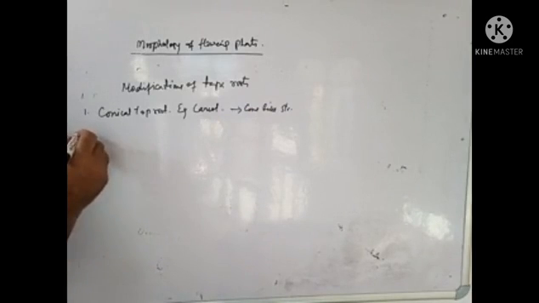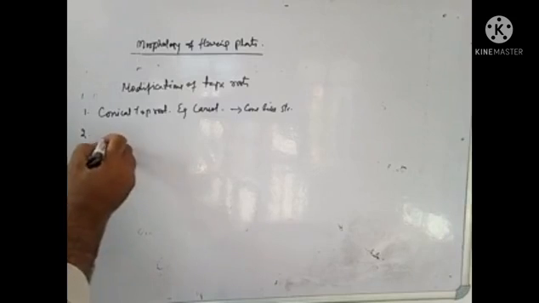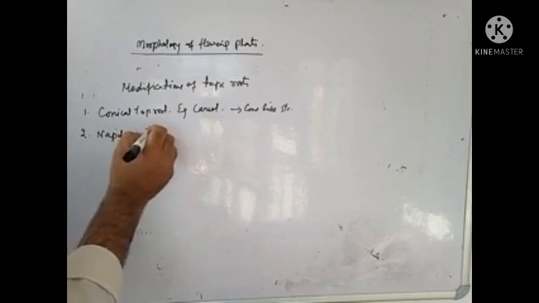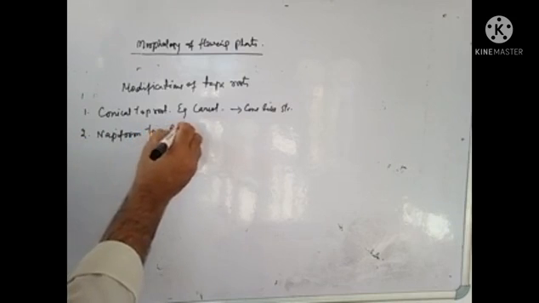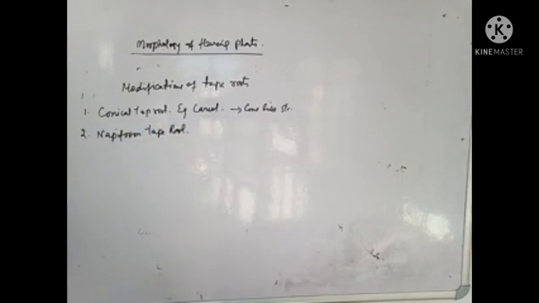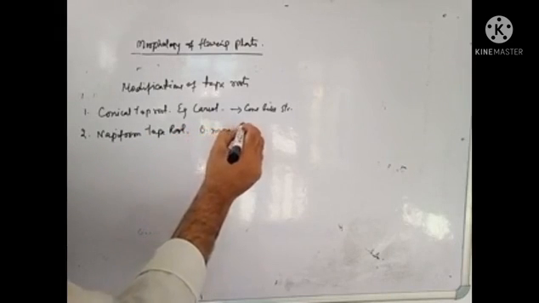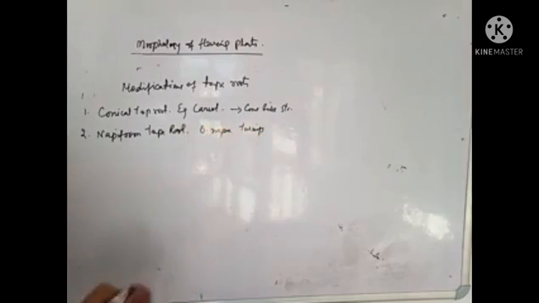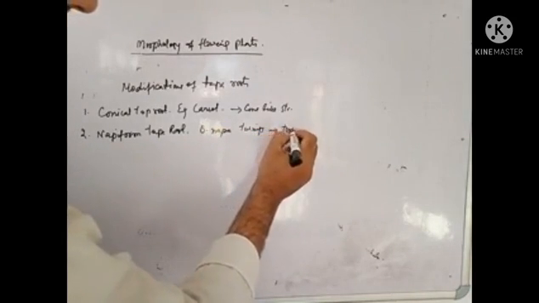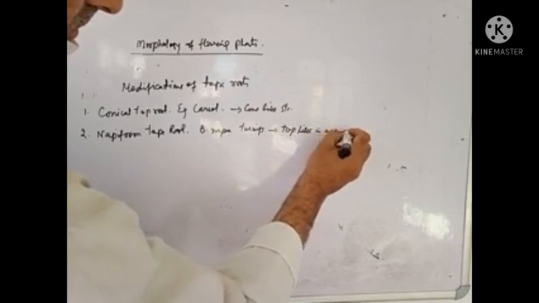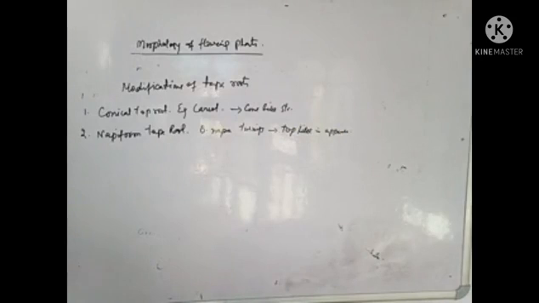Number second is napiform taproot. It is found in Brassica napa, that's turnip. And it is top-like in appearance.